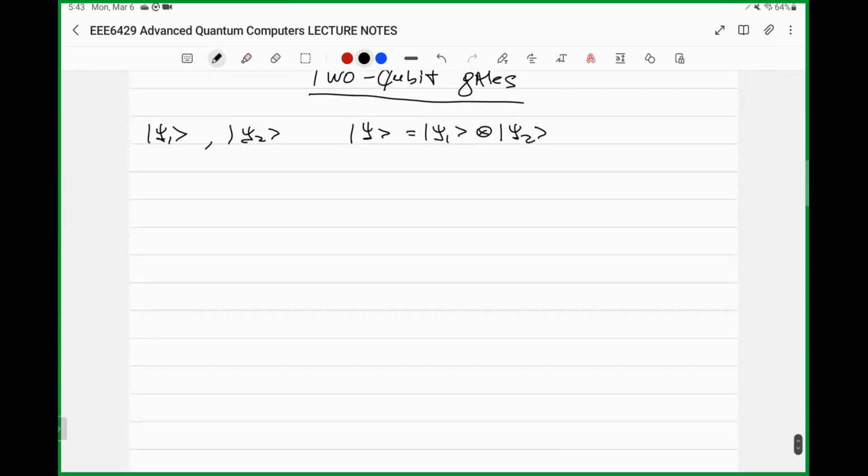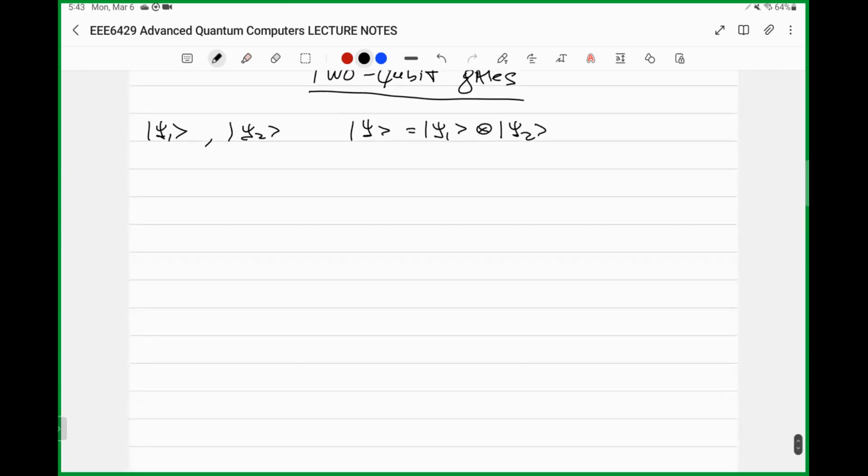And this means that the state psi is now represented by a column of 4 elements, not 2 as in the case of a single qubit, but 4, like this.